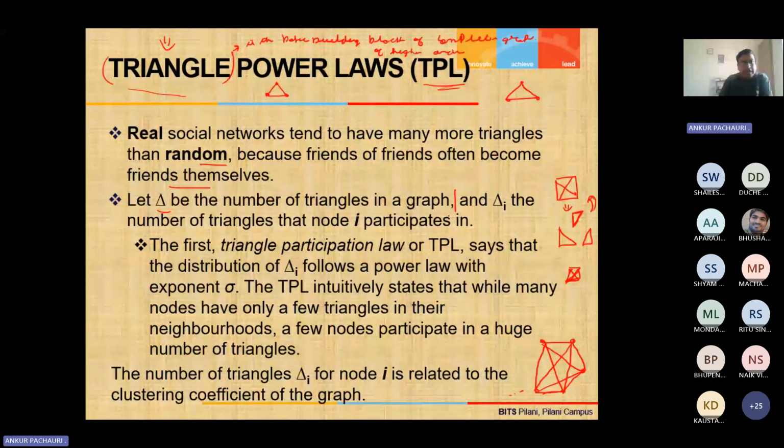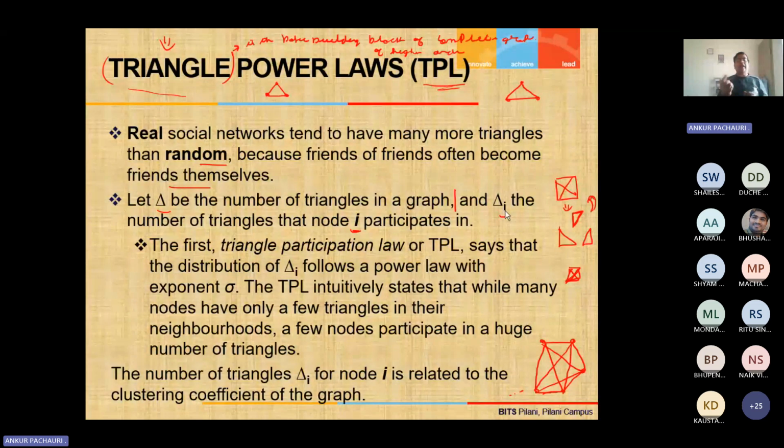He counted the number of triangles, and the second factor was delta i, the number of triangles in which each node participates. So the total number of triangles in a graph, as well as this value, is associated with each node. A value was calculated for each node: in how many triangles this particular node is participating.